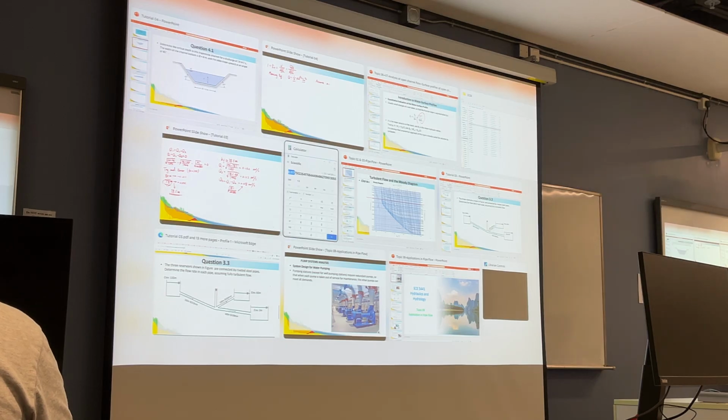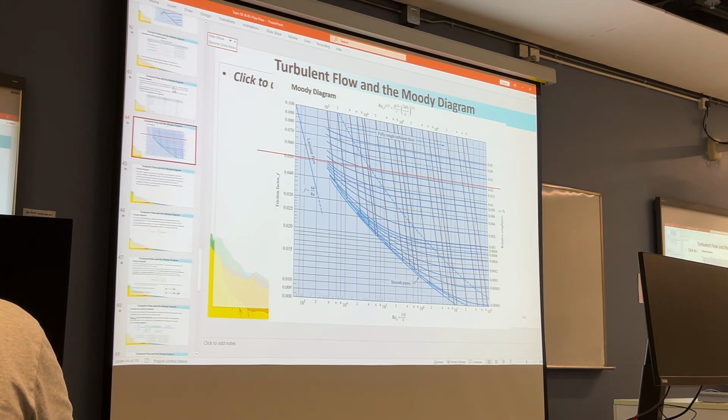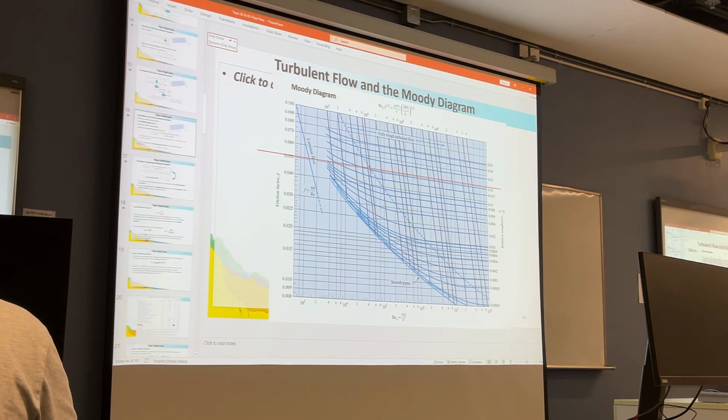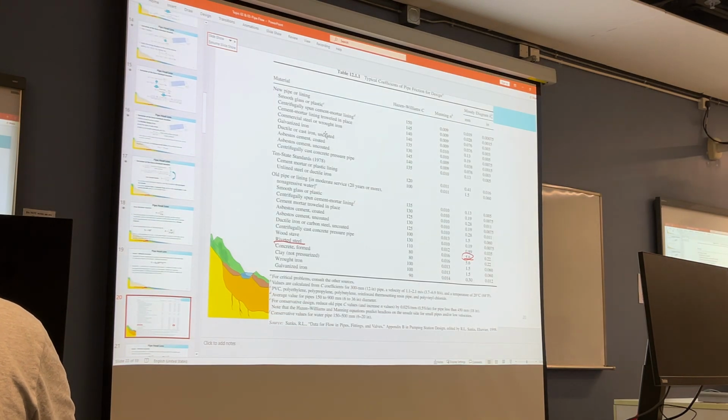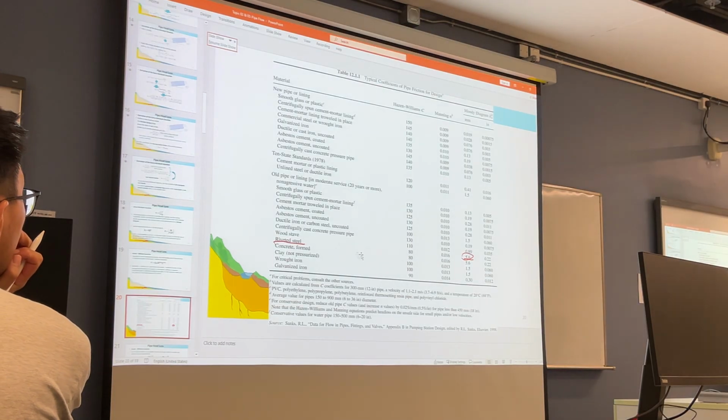We assume the n for the concrete channel. For the concrete channel, we now have a reference table here. We'll use this table for the reference. For the concrete formed channel, it's about 0.016.